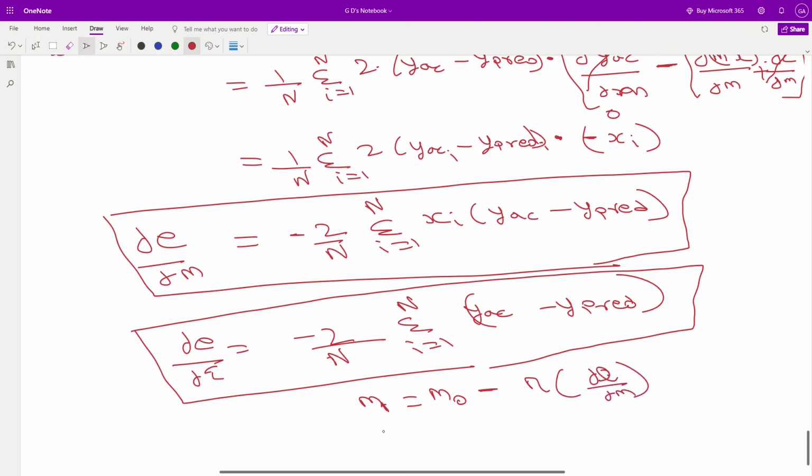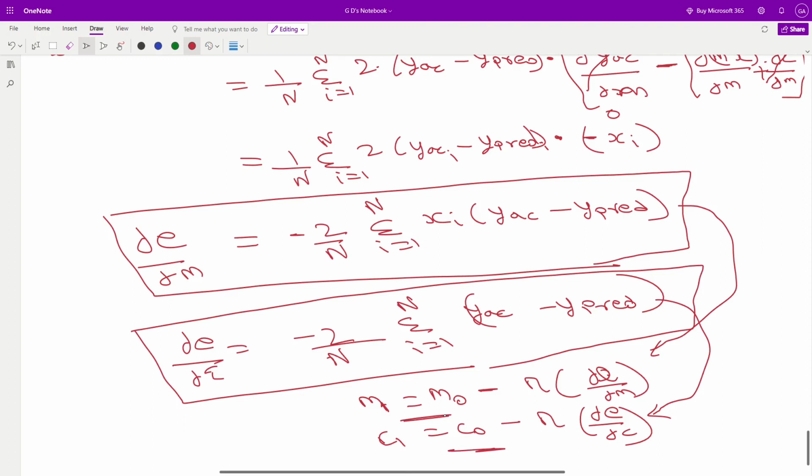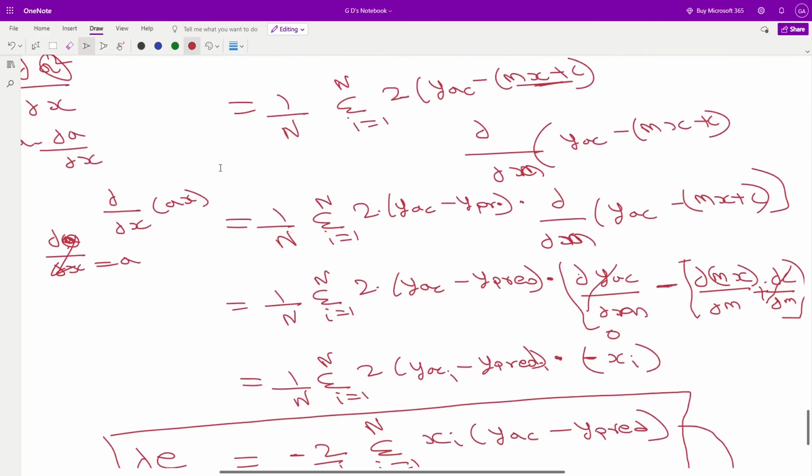Then new c value is equal to old c value minus learning rate into dE by dc. So this dE by dm and dE by dc will be substituted back here, and finally we'll get this. This is the entire linear regression. So we have completed the entire linear regression problem with these equations.